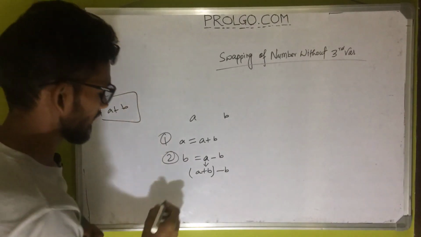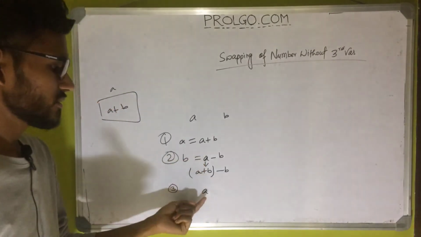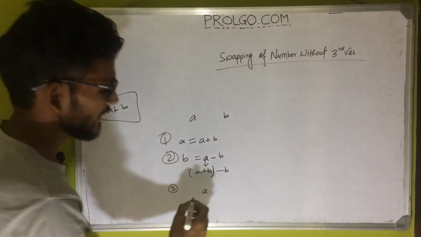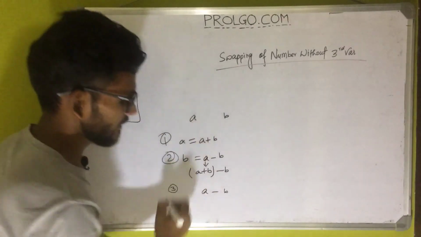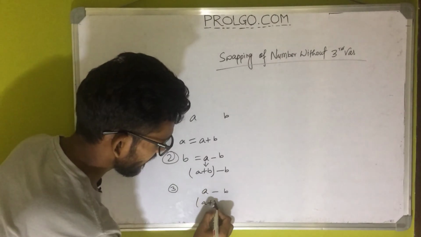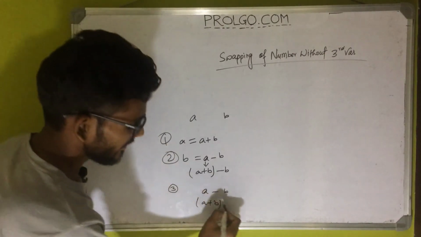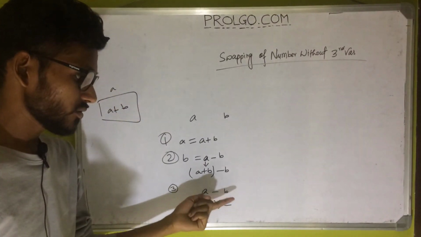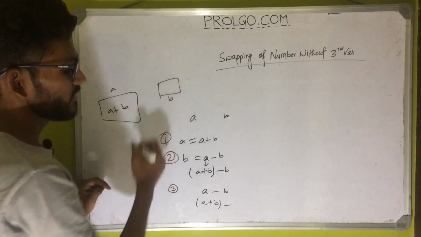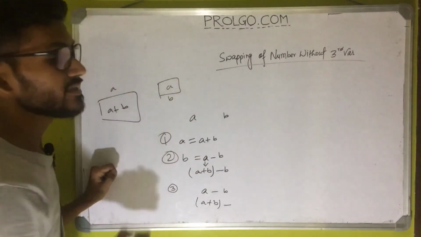In the third statement, take this a, which contains a plus b, and again do minus b. As of now, a contains a plus b, and b, although it was the original variable b, after executing the previous statement contains a.